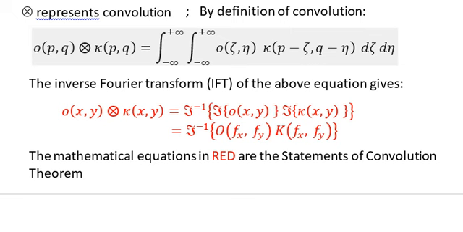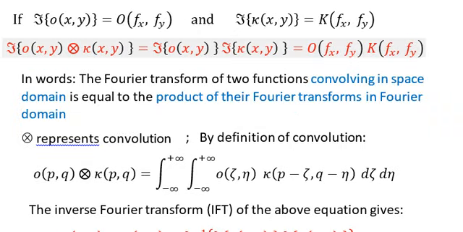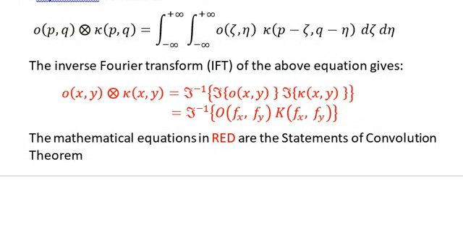Now the inverse Fourier transform of the above two equations gives, that is, we are taking the inverse Fourier transform of the equation already Fourier transformed. So O at x comma y convolved with kappa at x comma y is equal to the inverse Fourier transform, because we have taken the inverse Fourier transform on both sides.